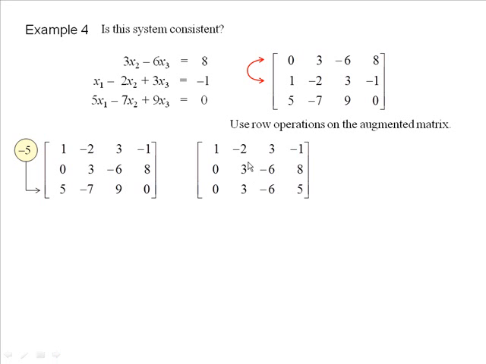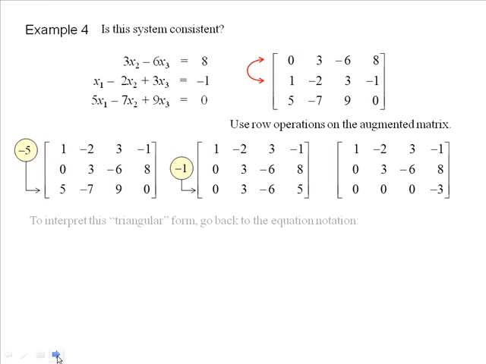My next step normally would be to change this 3 to a 1. But since we're just trying to get it into triangular form where we have zeros below, and we're not trying to solve, we don't necessarily need to worry about getting 1s on the diagonal. So I'll simply multiply by -1 and add it to the third row. That will give me a 0 underneath.